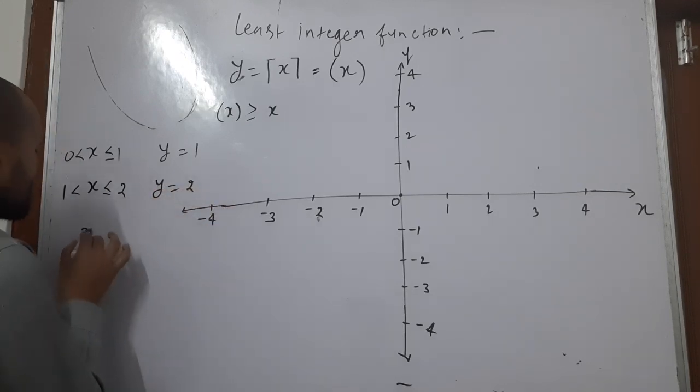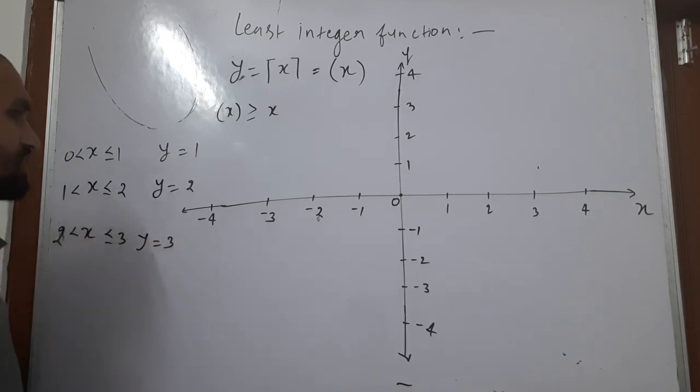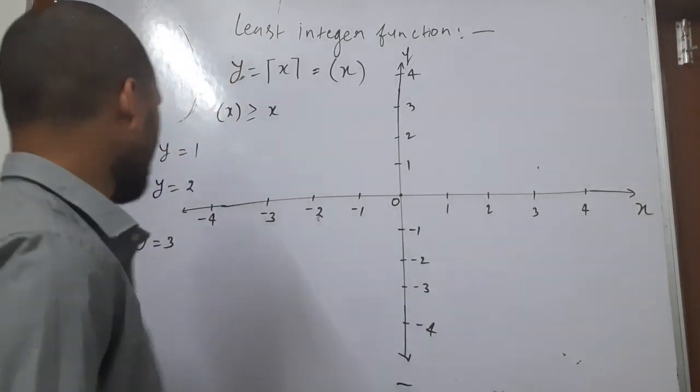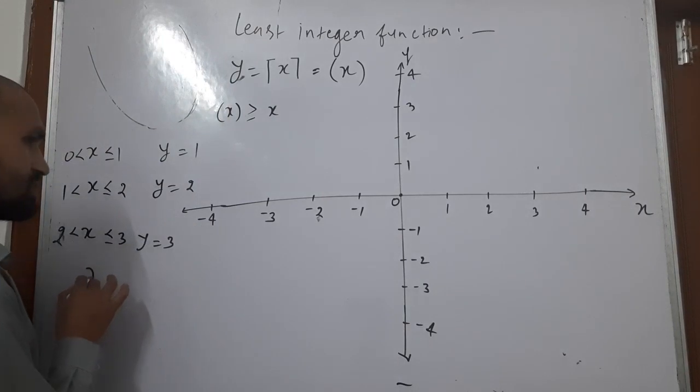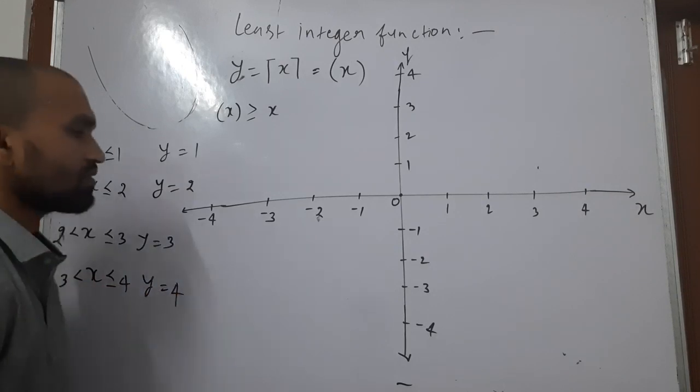When x is greater than 2 and less than or equal to 3, then y will be 3. Similarly, in the interval 3 and 4, if x is greater than 3 and less than or equal to 4, y will be 4.